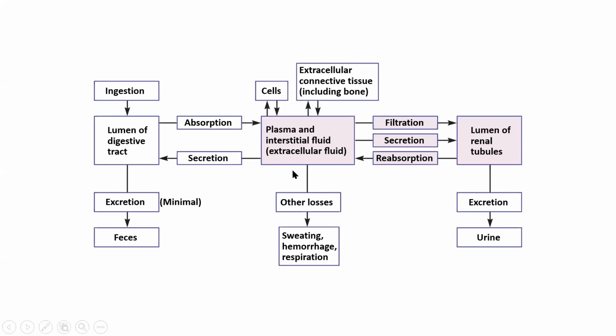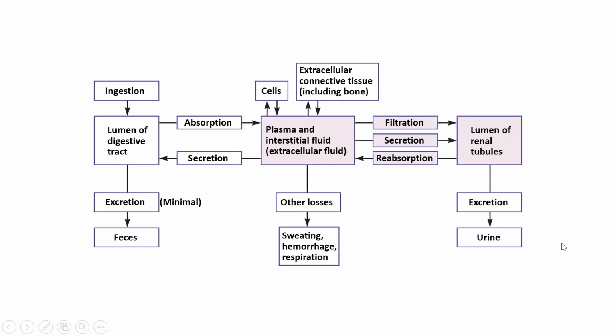vice versa. We also have some areas of minimal water loss, so things like sweating, bleeding, respiration, our salivary secretions, our mucus production. Those other minimal areas are also contributing to some form of loss as well. And then obviously most of the loss is going to happen through the excretion of urine, right?